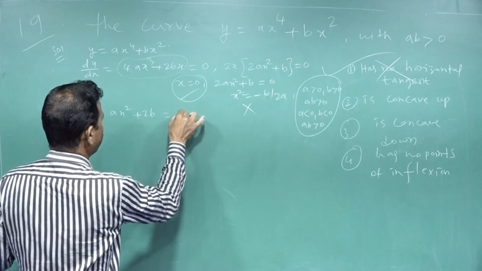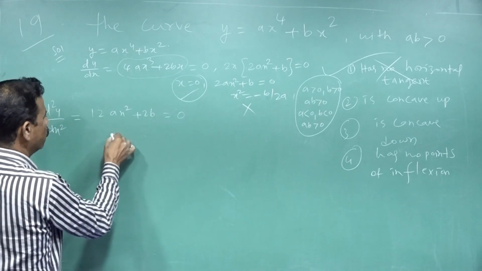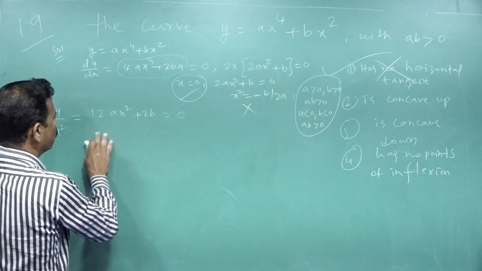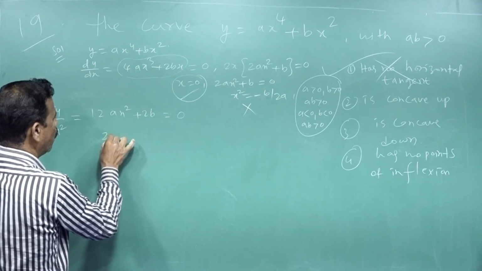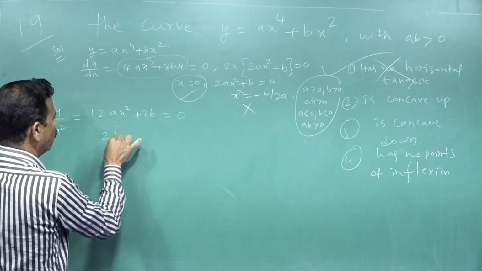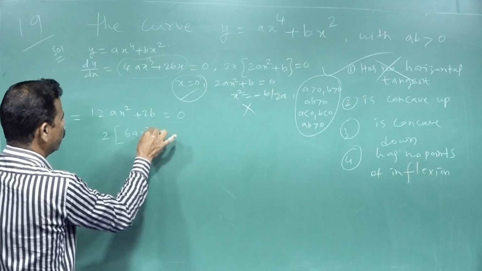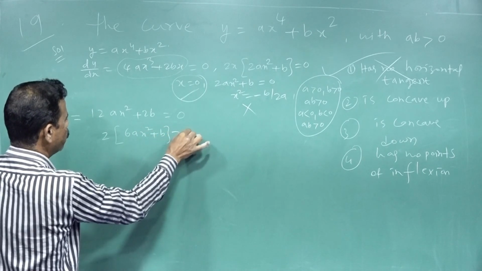Here it is also taken as 0. Then 2 common, 6ax square plus b is equal to 0.